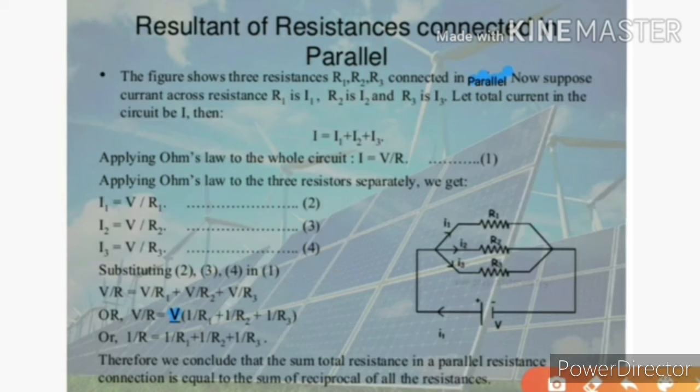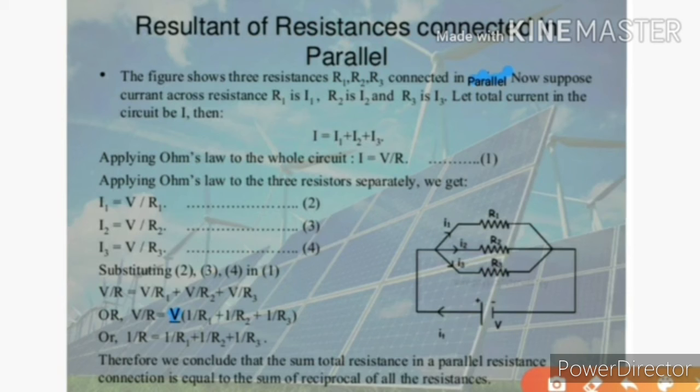So therefore we conclude that the reciprocal of the total resistance in a parallel combination is equal to the sum of the reciprocals of all the resistances. So what we conclude is, students, the reciprocal of the equivalent resistance of a group of resistances joined in parallel is equal to the sum of the reciprocals of the individual resistances.